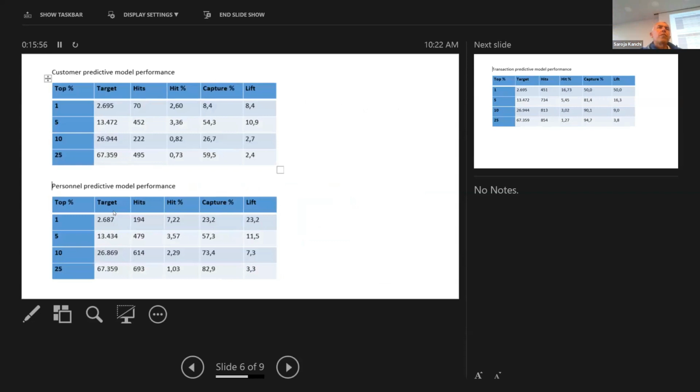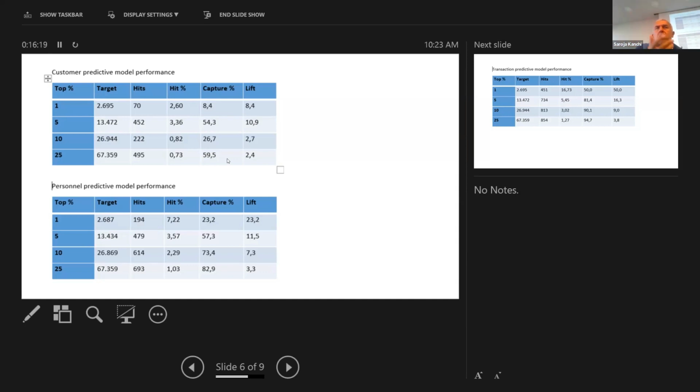For example, I can show you some short performances. For the customer predictive model, in the top 1%, we have 8.4% capture. So in the top 25%, we had almost 60% capture.